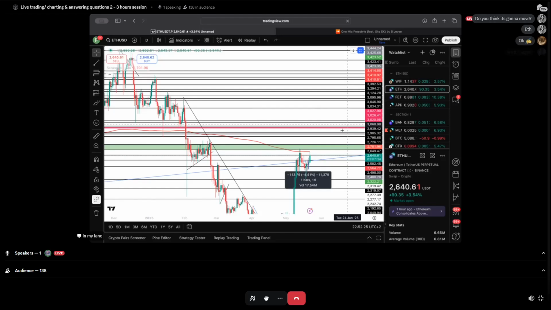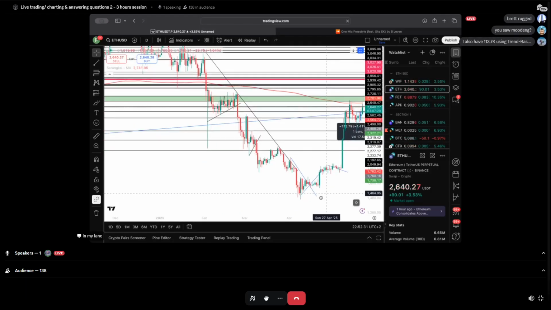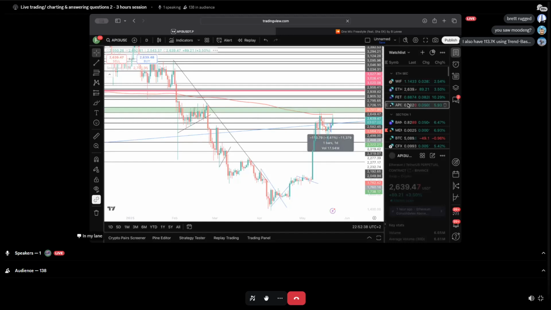I think we bought here. I said buy here, then we bought here. And I don't know if I'm still holding. I have to check if I sold because I hold a lot of things.